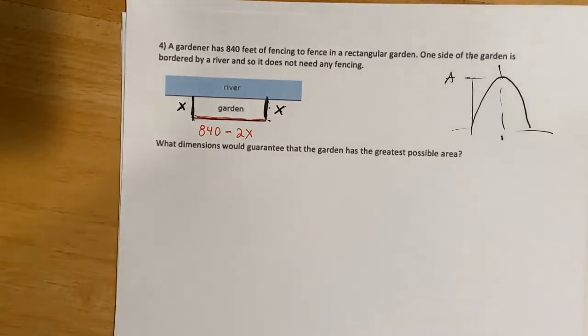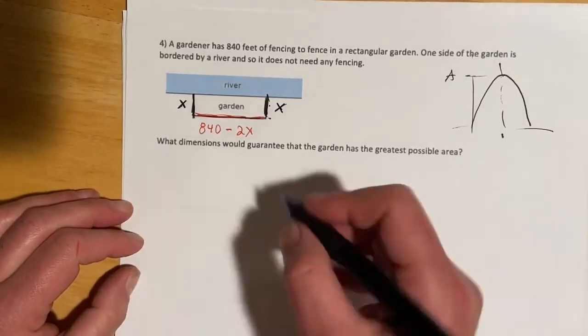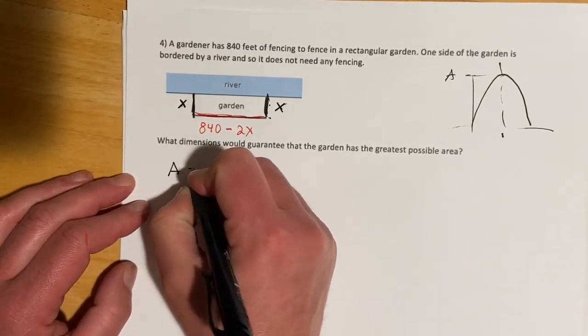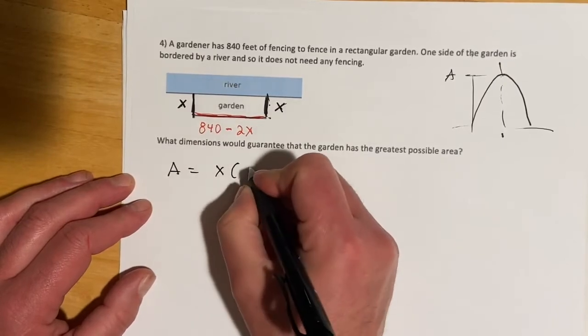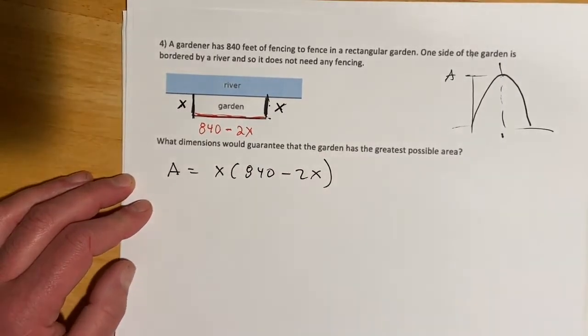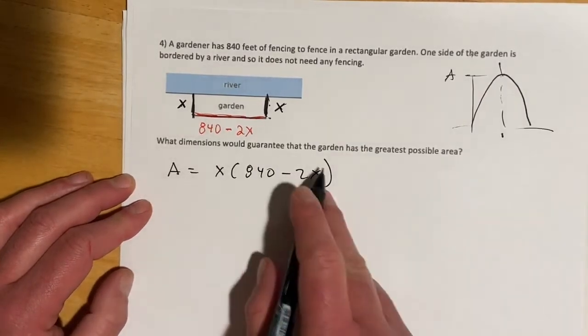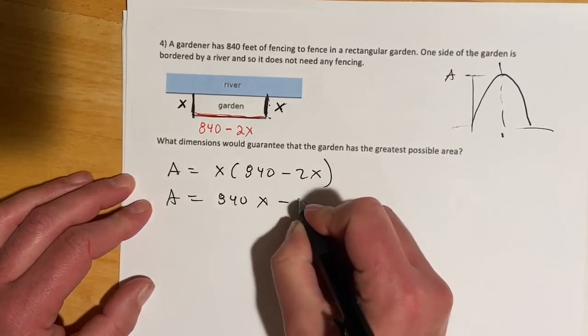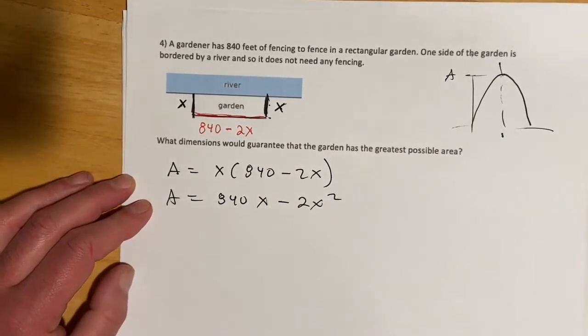So now to figure out the area, it's going to be length times width again. So that's going to be area is x times 840 minus 2x. So then distributing, area will equal 840x minus 2x squared.